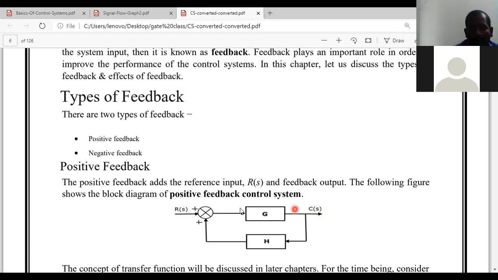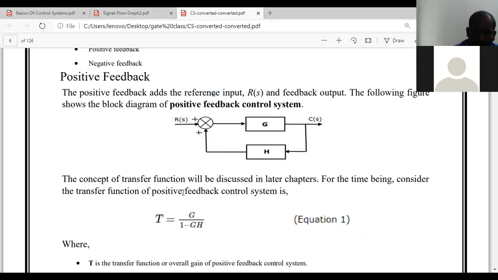That means it behaves like an oscillator. So to avoid this, the control system is normally employed with negative feedback only.